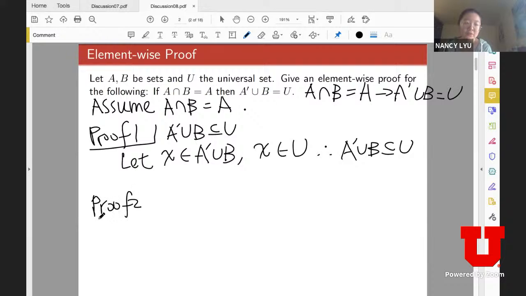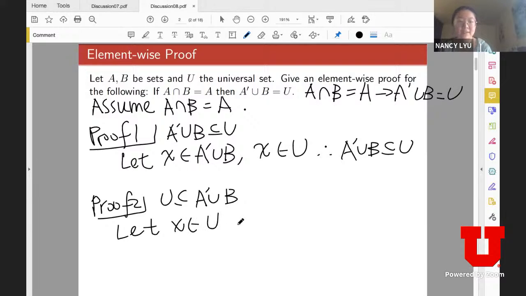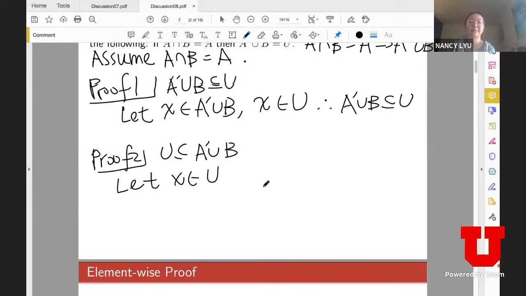And proof 2 is: let X belong to the universal set. How are we going to start from there?